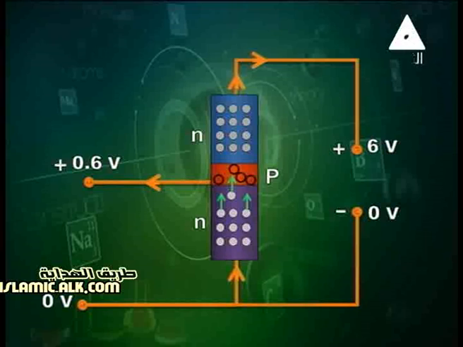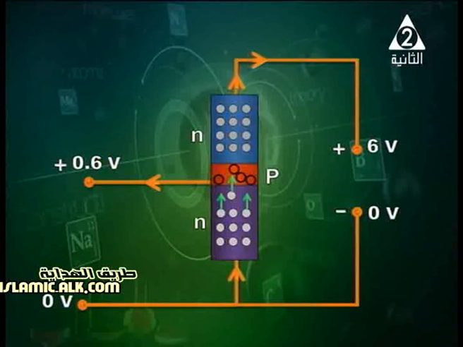But not all the electrons that cross the base reach the collector. This is a very important piece of information. Some of them combine with holes.